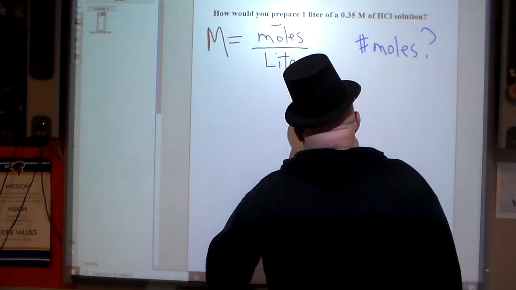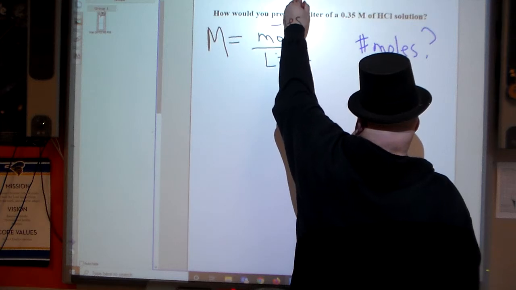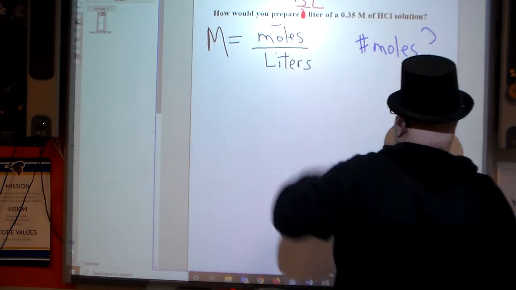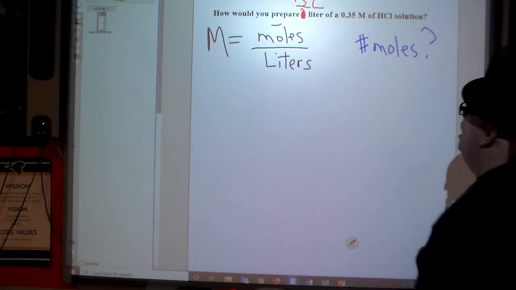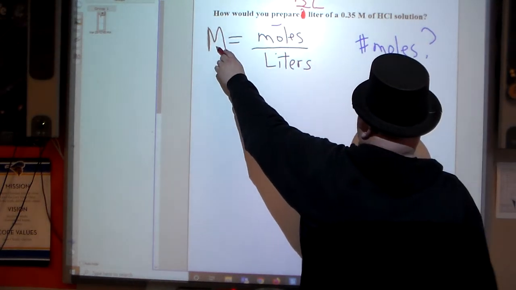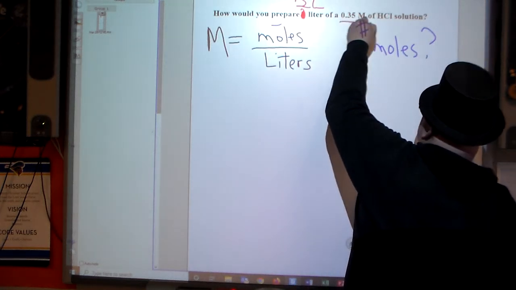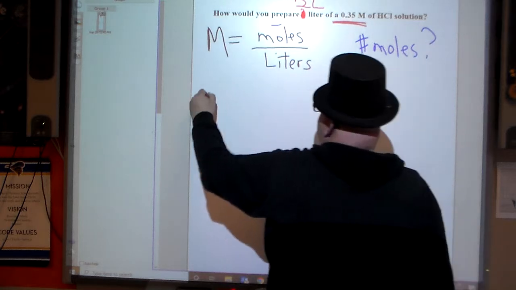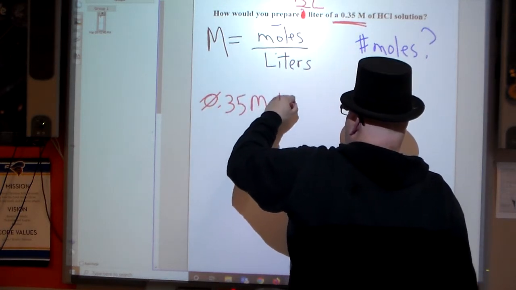So let's go ahead. I'm going to cross this out, and I'm going to say 2 liters of a 0.35 molar HCl solution. Okay, so let me see. If this is my formula, molar is equal to moles over liters. My molar hasn't changed, right? I got 0.35 molar.